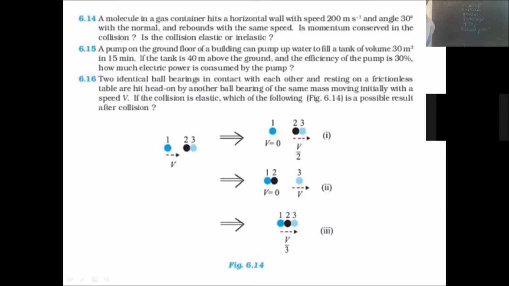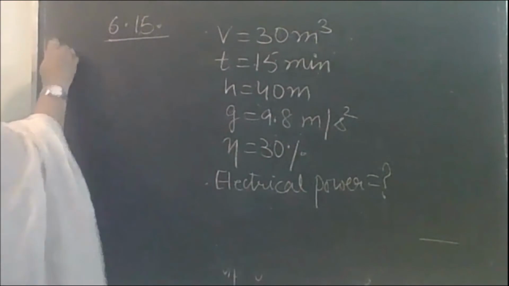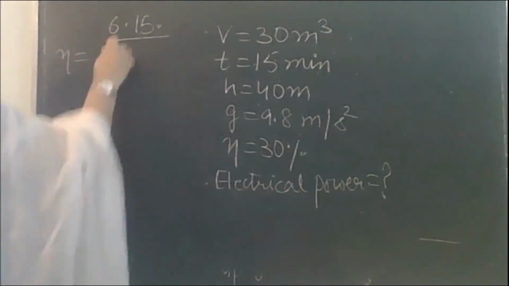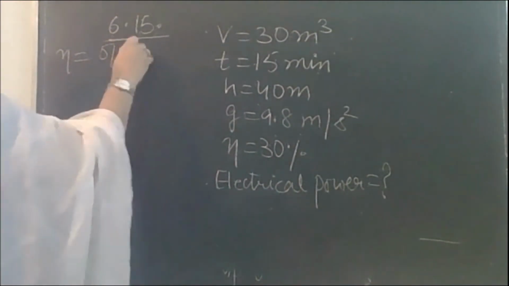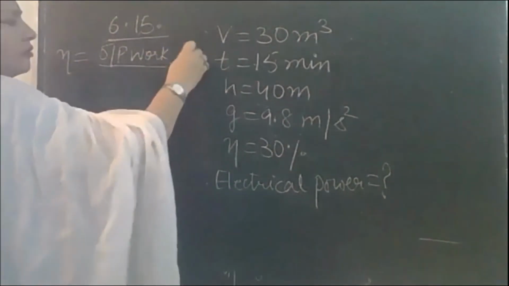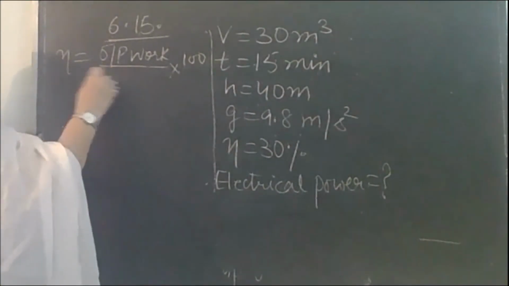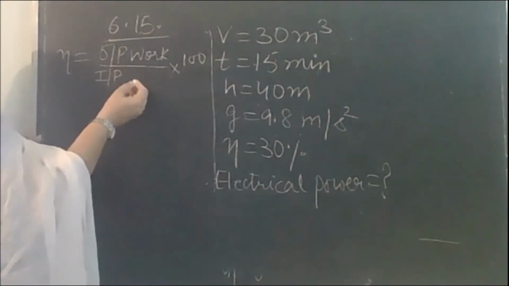Okay, so let us do this. All of you apply this formula. Efficiency is output power. And what is output power in this case? Work that has been done to lift the water through a certain height. And input power is what we have to find.